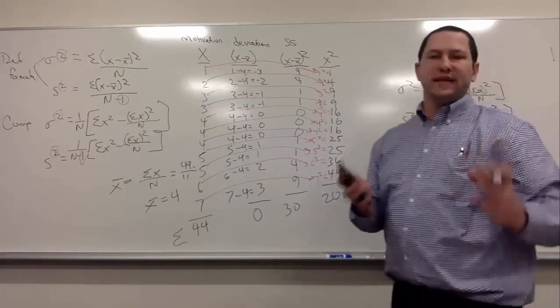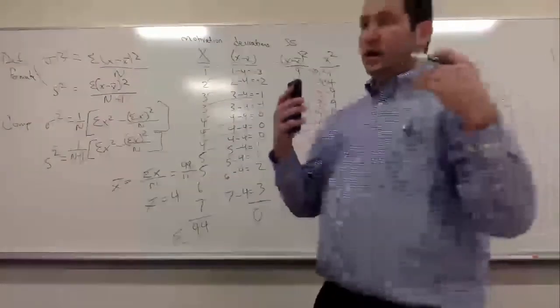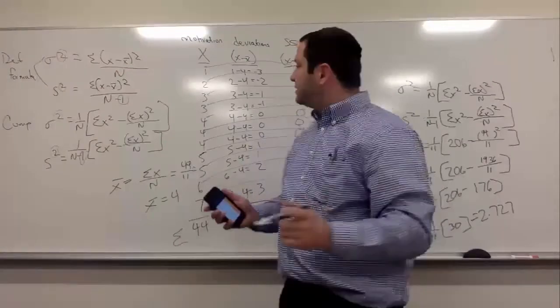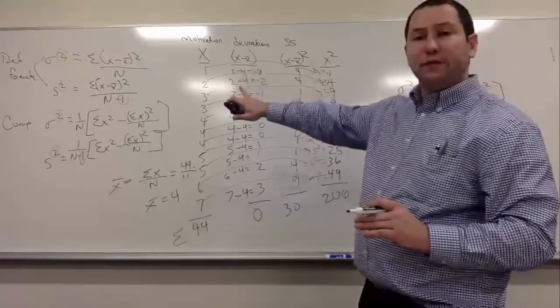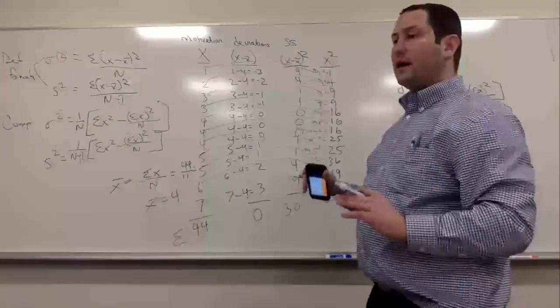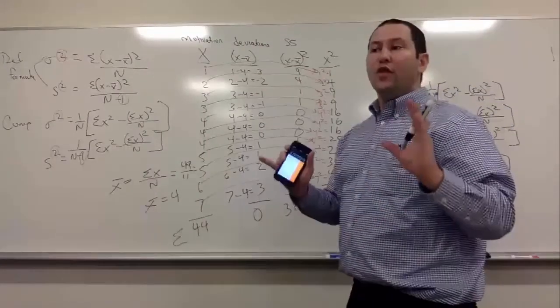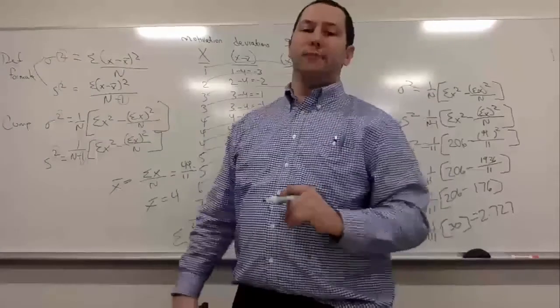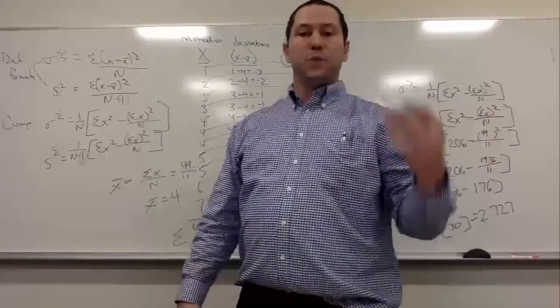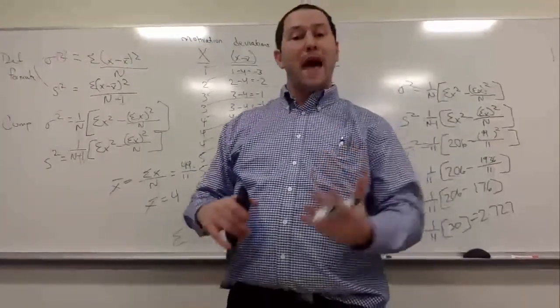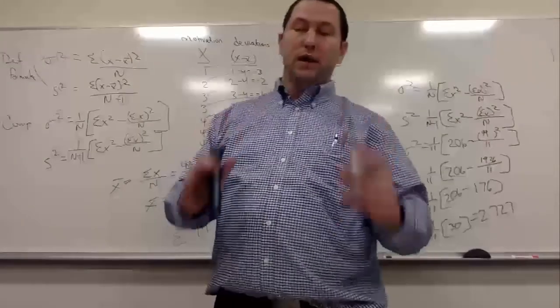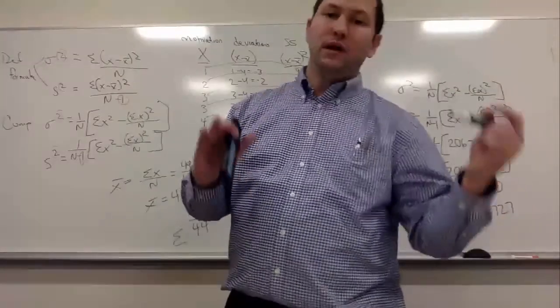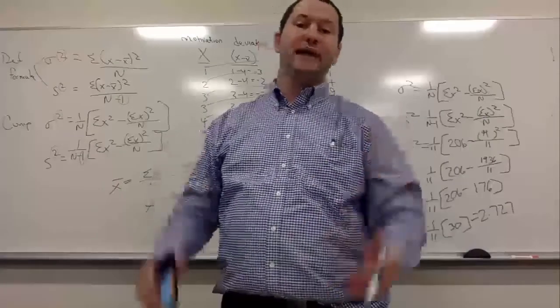If that number sounds familiar, you're in a good place, because whether we look at a definitional formula or a computational formula, the numbers will be the same. So on your homework, which I'm going to upload on Blackboard, as well as on the test, which will match it, your numbers for definitional and computational formulas should be identical.